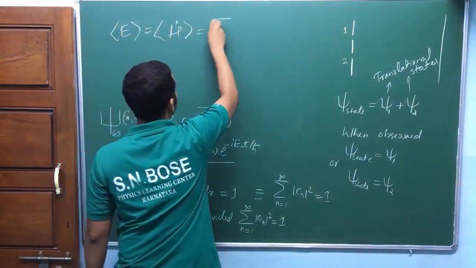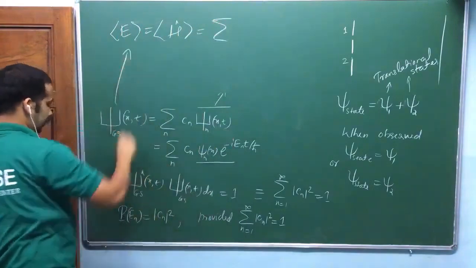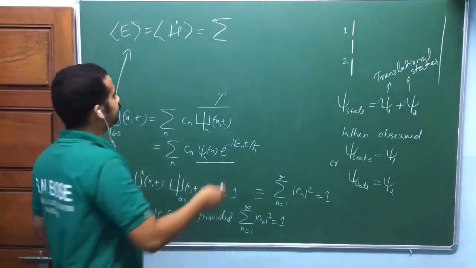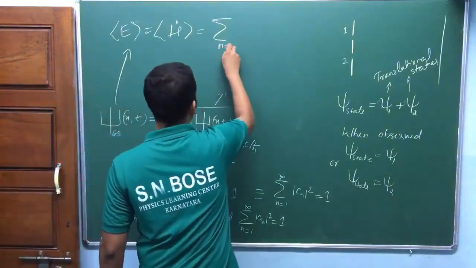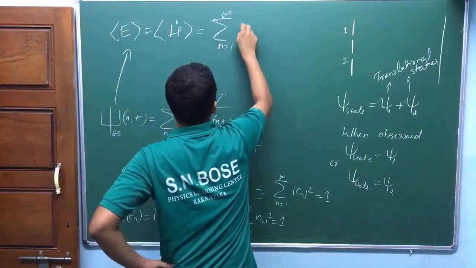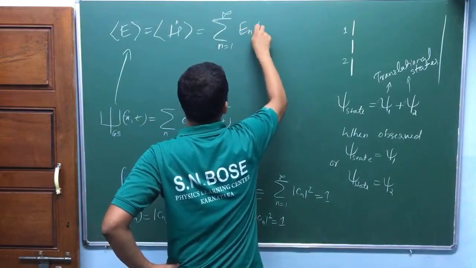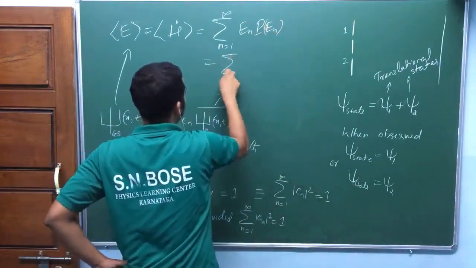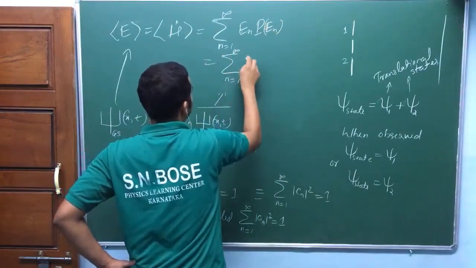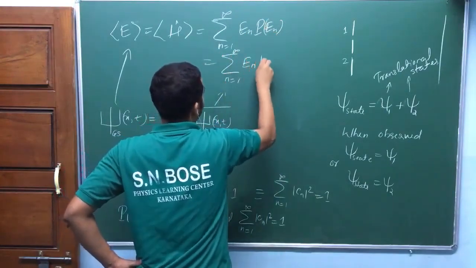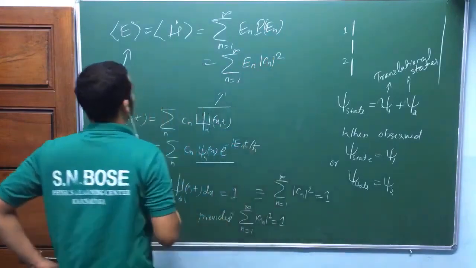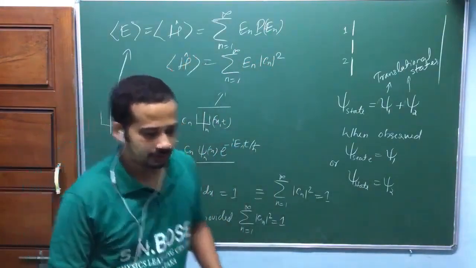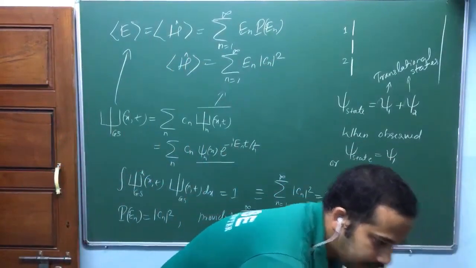That is equal to, in this state, because in this state only I have defined probability, the sum over n equal to 1 to infinity of En into the probability of getting En. That's equal to the sum over n equal to 1 to infinity of En into mod Cn square. This is the average of energy, or the expectation value of energy, you can find in that particular state.